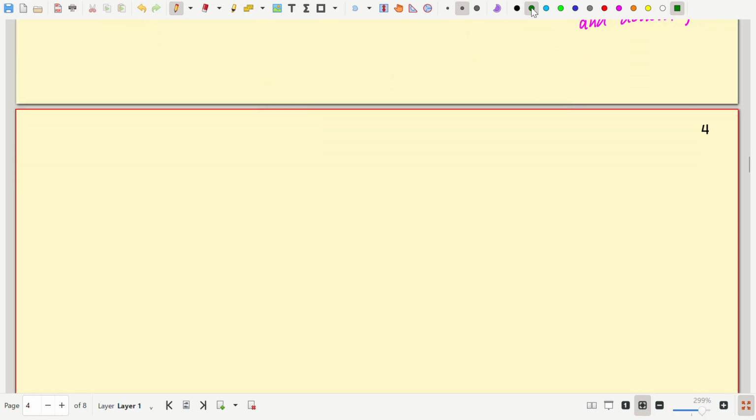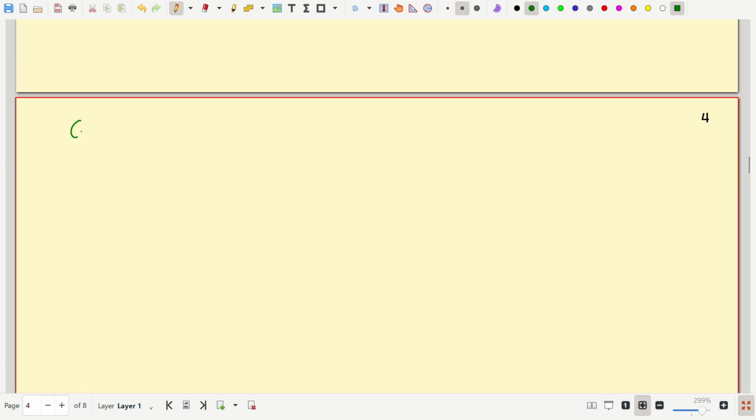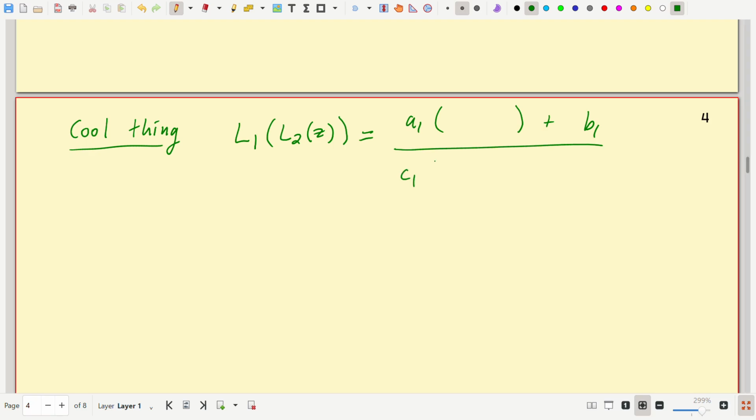So another cool thing is if I compose linear fractional transformations, let's see, L1, I'll write A1 times something plus B1, C1 times something plus D1, and this would be A2Z plus B2 over C2Z plus D2.